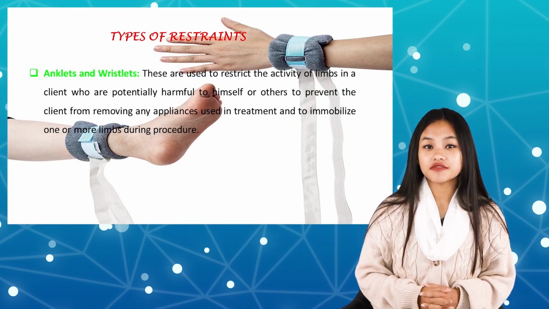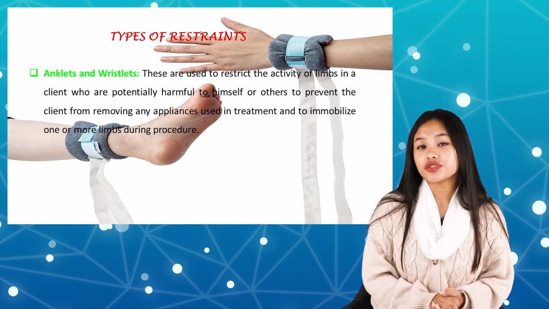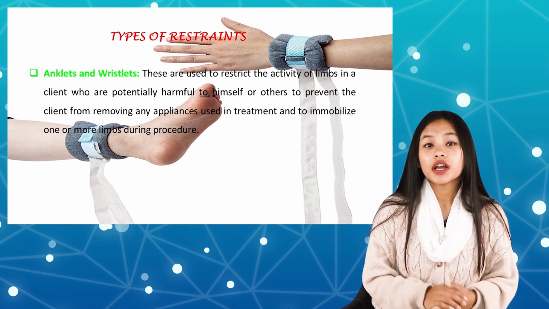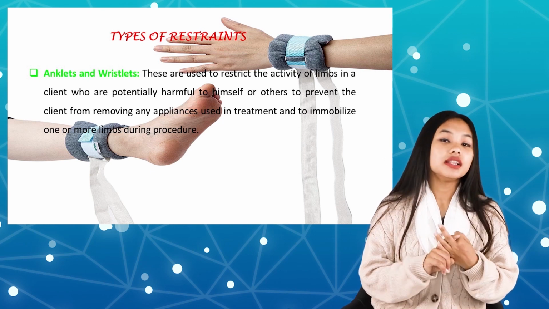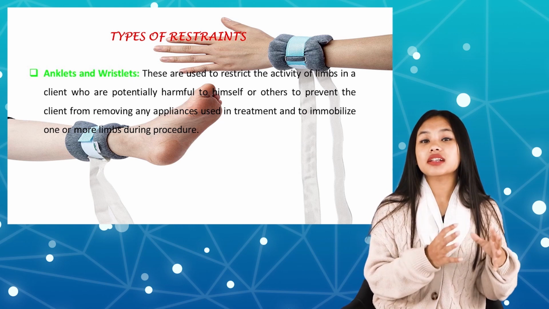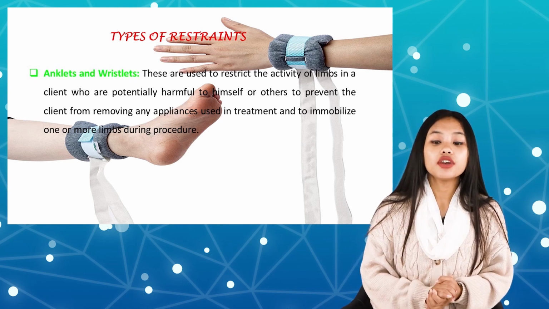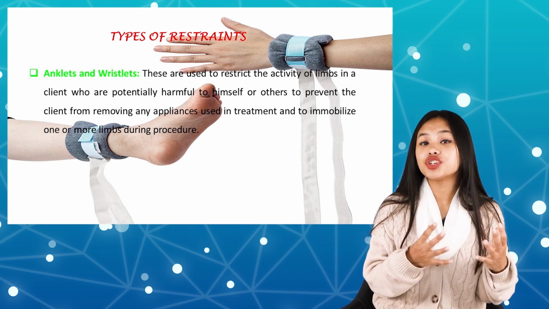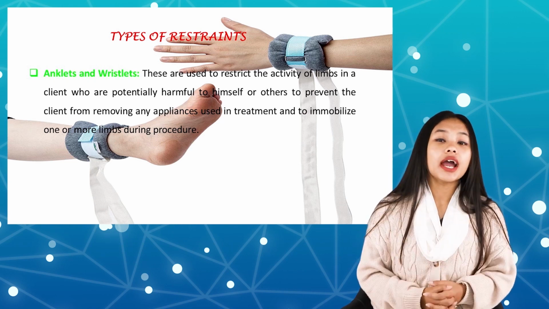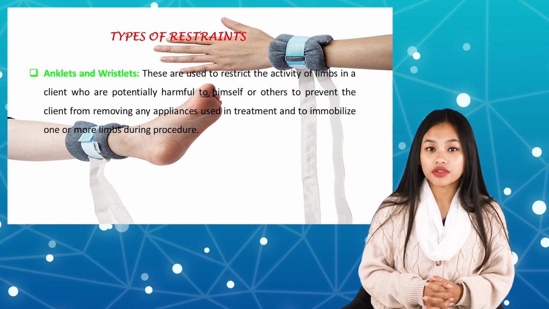The first one, as I've said, is the ankle and the wristlet. These restraints can be made up of leather, plastic, linen, canvas, wood, or even metal. These anklets and wristlets are the restraints which we will be using in order to restrict the activity of the limbs in a client who is potentially harmful to themselves and even to others.